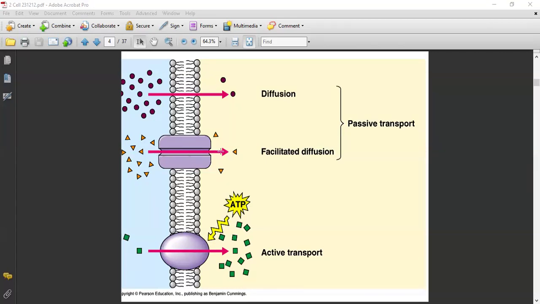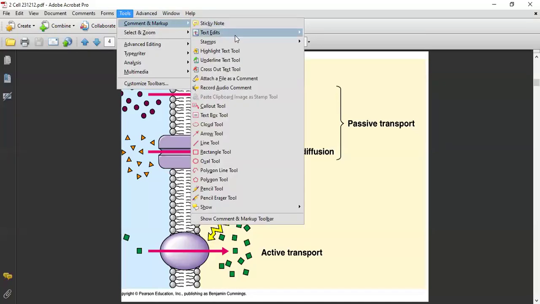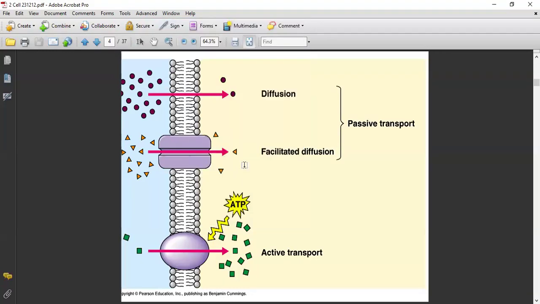So this is, I can probably type it. So for example, we can call this an ion channel. So like this one is an ion channel.